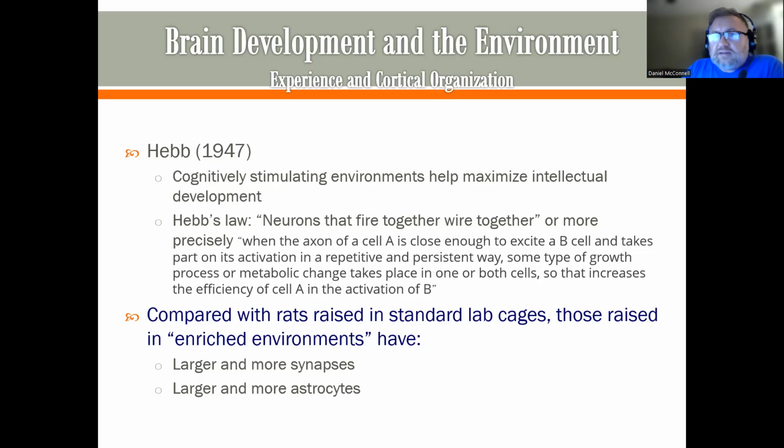By the way, back to that language example real quick, there's one additional point that's worth pointing out about this exuberant synaptogenesis. There is no way for your brain to know in advance what language you're going to be exposed to, right? You might be exposed to English, you might be exposed to Spanish or German or Italian or whatever it might be, right? So the idea is that there's any number of languages, hundreds of languages that you could be exposed to.